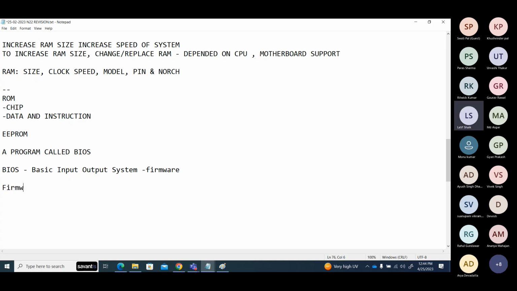Firmware helps to start a device, any device, guys, mobile phones, any electronic devices, printers. When you power it on, the basic startup function is loaded from this BIOS chip, means the firmware will load first, and how to start the device will be told by the firmware only.